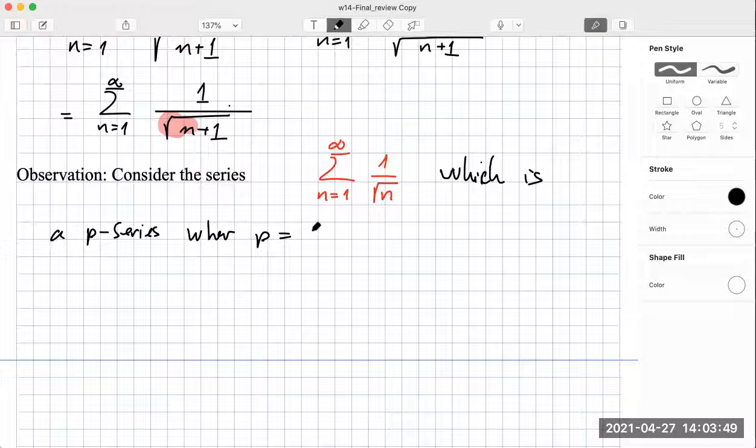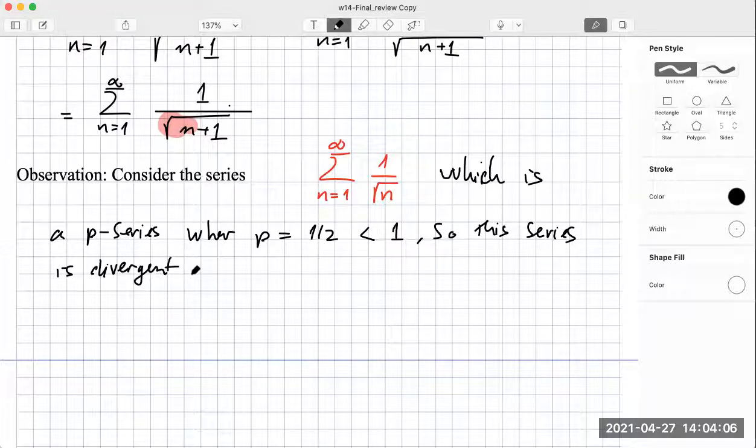Where p in this case is 1/2, which is smaller than 1. So this series is divergent, because you make the square root of n into n to the 1/2. Very good.